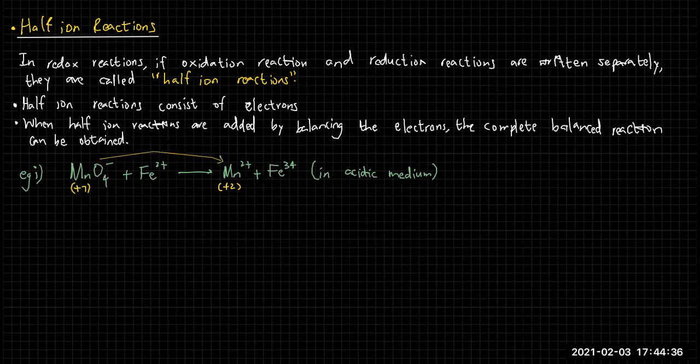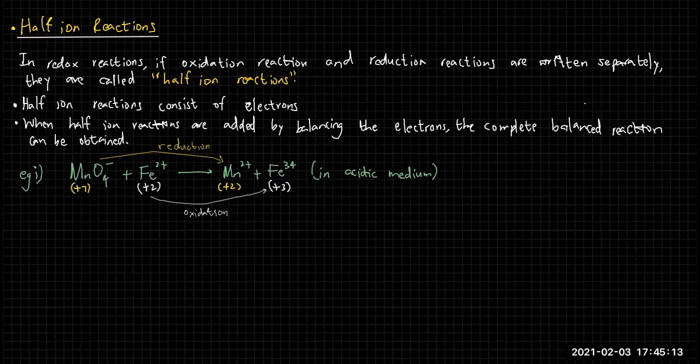So this is reduction, correct? Permanganate is undergoing reduction. On the other hand, iron goes from +2 to +3. So that path is oxidation. I'm doing all these things just to explain to you. You can do it in your head. You don't have to write all these arrows and everything. I'm just writing these things to explain how it is done.